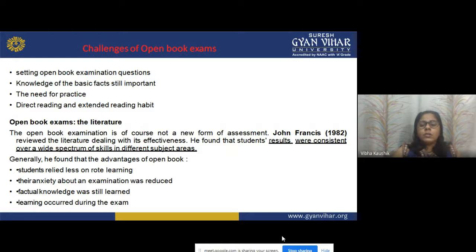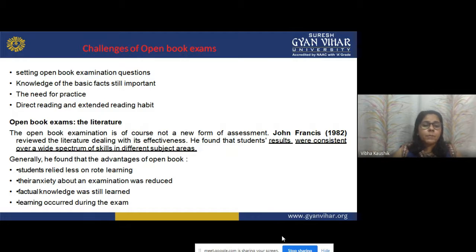He found that student results were consistent over a wide spectrum of skills in different subject areas. Generally, he found the advantages of open book: students relied less on rote learning, means memorization is not there. Their anxiety about an examination was reduced, means the anxiety level of the students was reduced when they are given the choice of open book exam in comparison to the traditional exams.